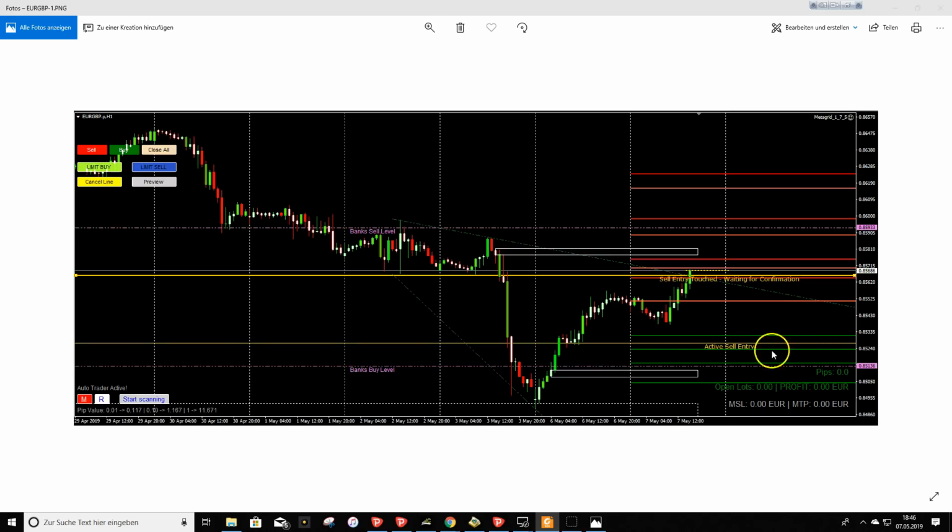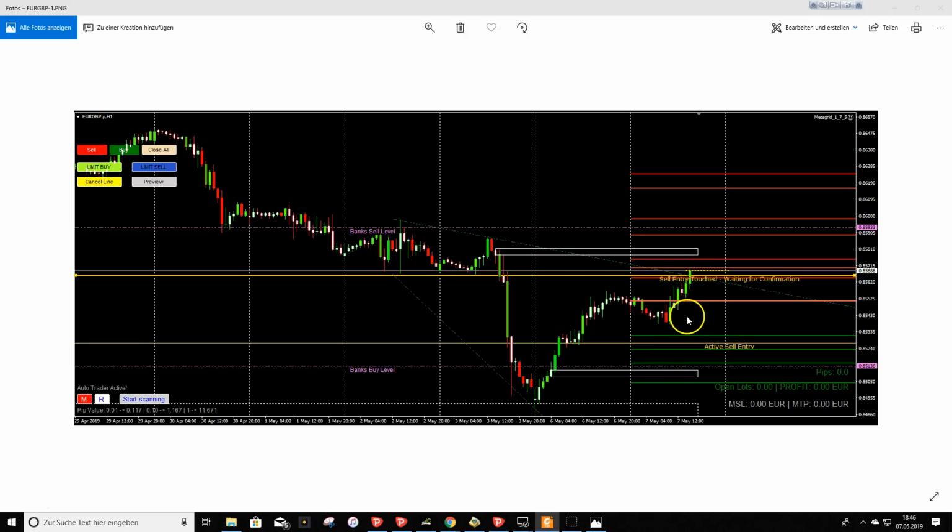I place a sell entry in case this price suddenly drops. But Metagrid places the active sell entry that far away because it tells you, I think it will go down, but it's much too early.